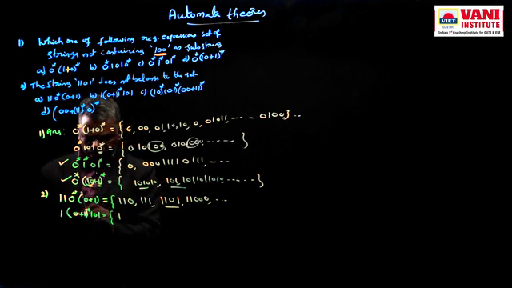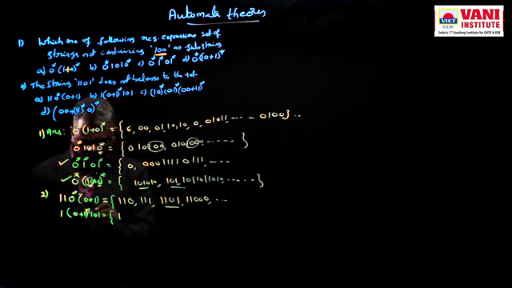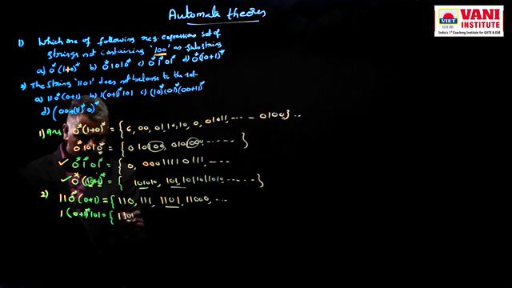The second symbol can be either 1 or 0, any number of them. In this (0 or 1) whole star you can have any number of zeros and ones. Or if this is epsilon, 1 followed by 1 1 0 1, therefore 1 1 0 1 is a member of this.